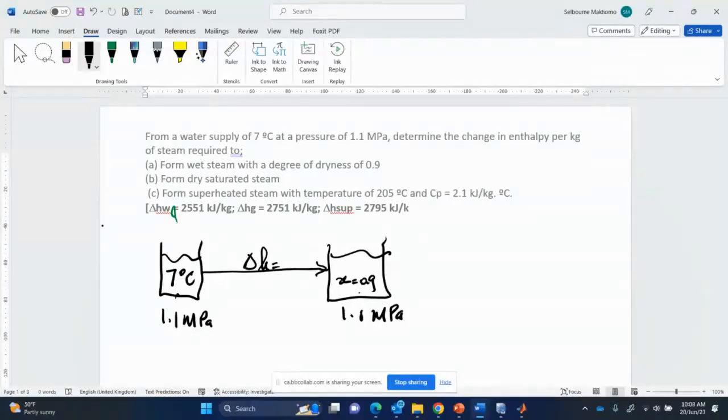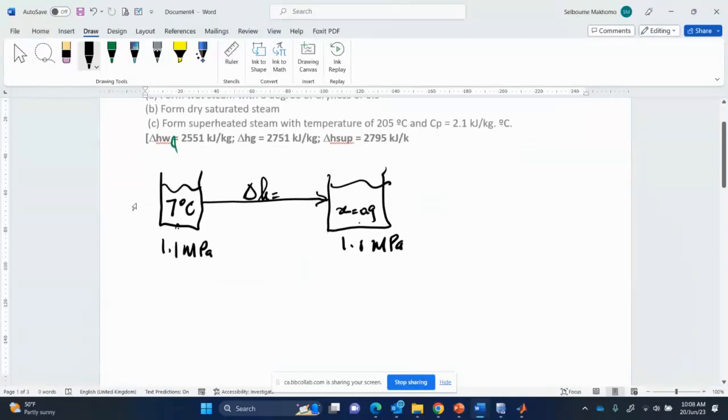Calculate or determine the energy that is required to transform water from 7 degrees Celsius to make it 90% vapor. So all we need to do now is say that delta H, the energy that is required, is going to be the enthalpy of wet steam minus this, and the difference is what we are looking for.